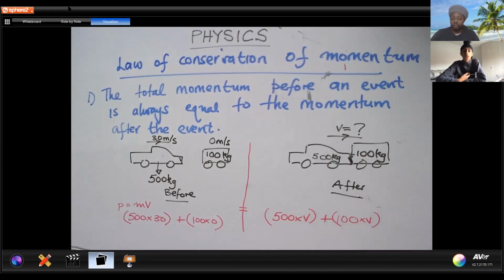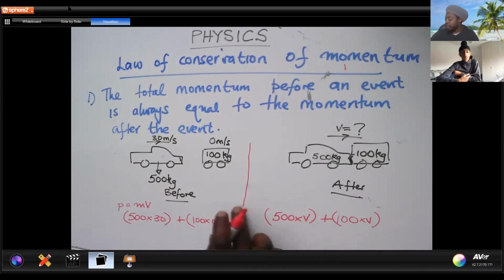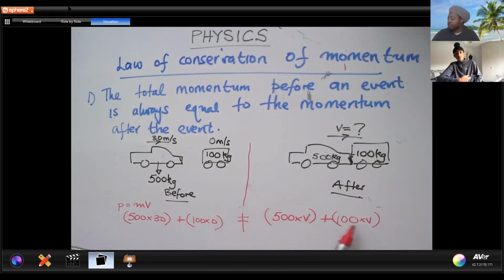Now this can simplify, can't it? What would this simplify to? This is 500 times V plus 100 times V. Would it just be 600 times V? Yeah, correct. So 600 V. And now this here is obviously 0, 0 times 100, plus 500 times 30. I now get 15,000.